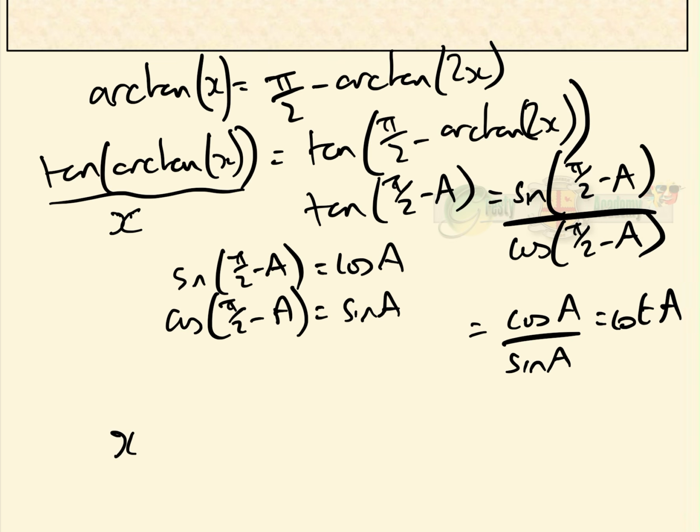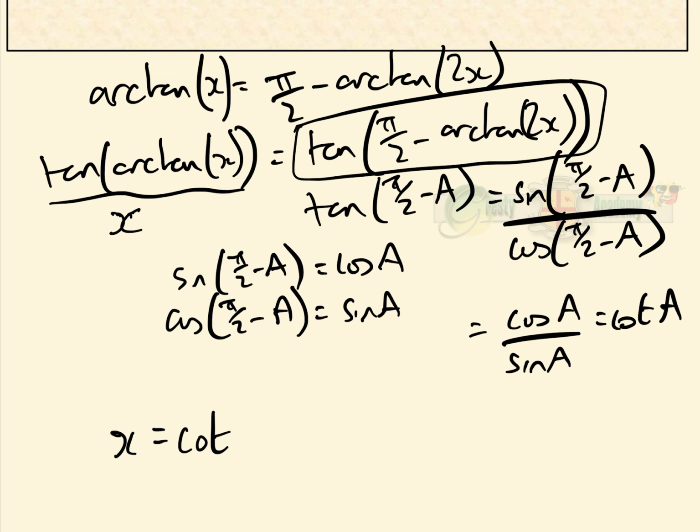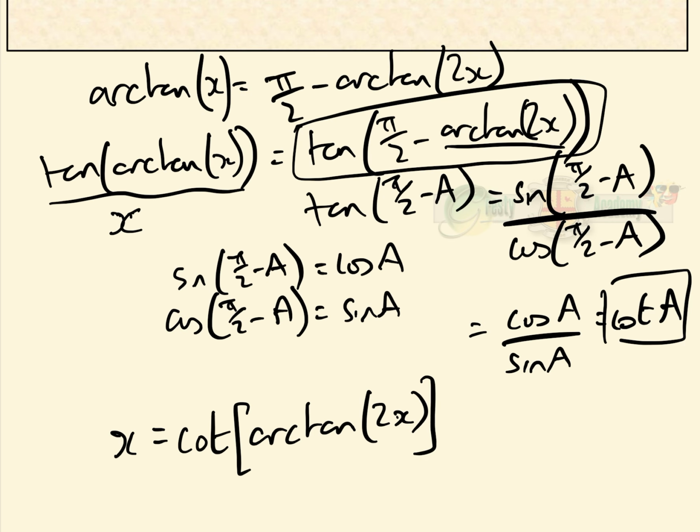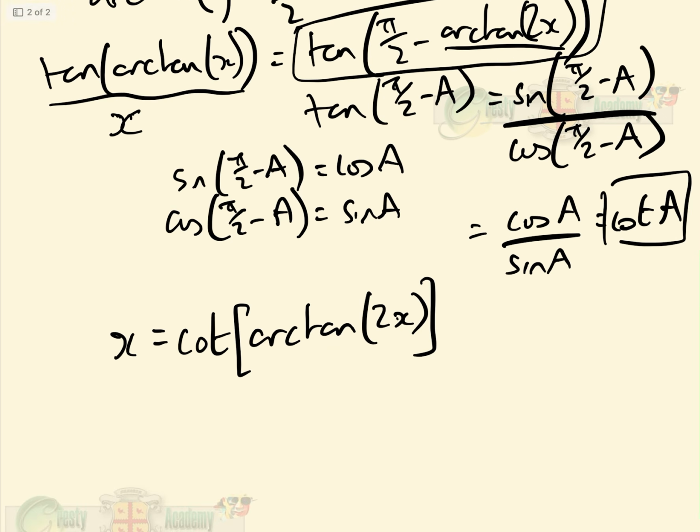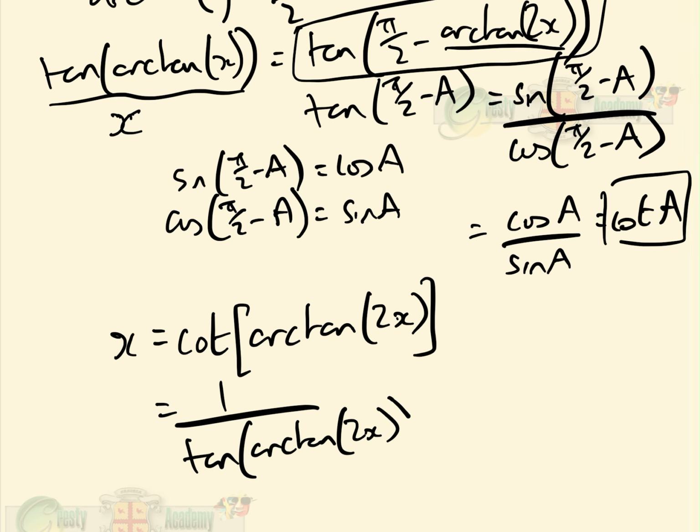So we have here that x is equal to cot of pi over 2 minus arctan, if arctan of 2x is a, is equal to cot of arctan of 2x, and cot of arctan is equal to 1 over tan of arctan of 2x, which equals 2x.